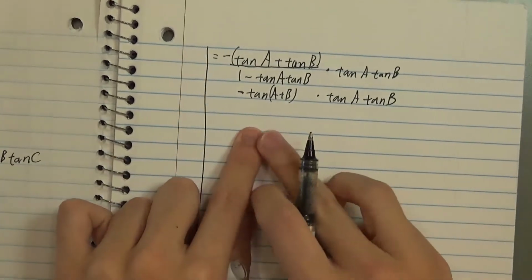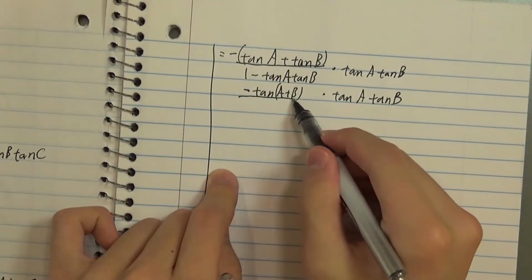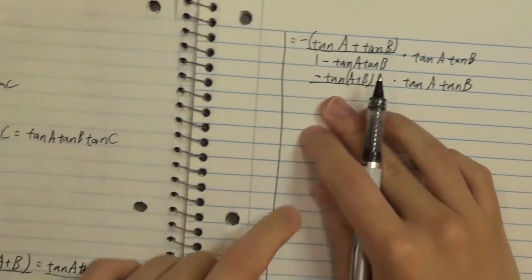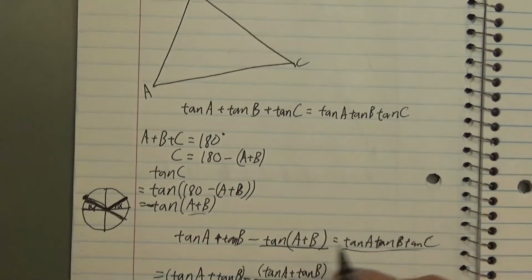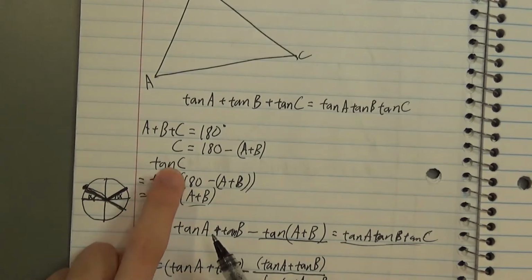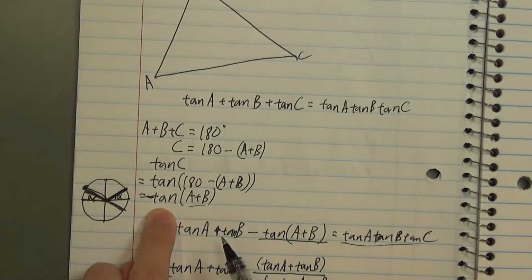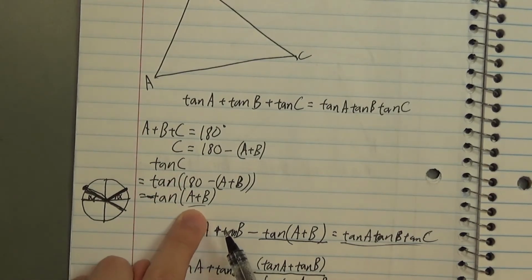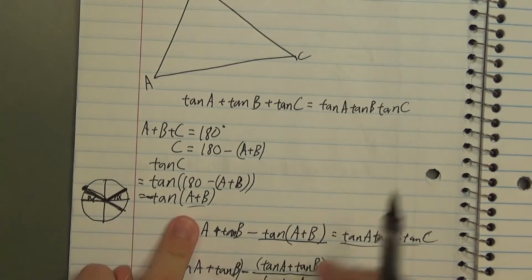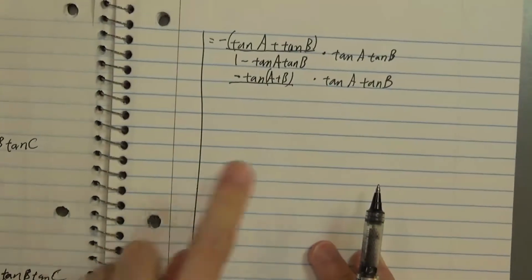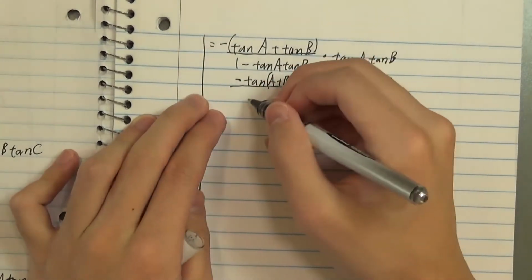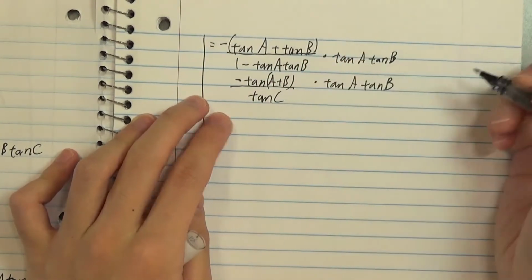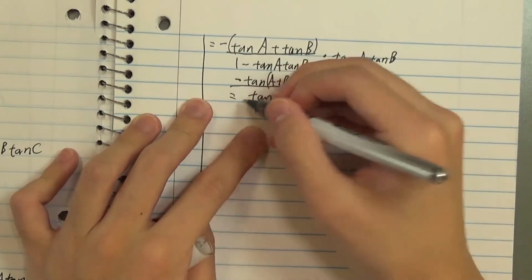Cool. But then, what's this again? This seems familiar. If we recall right here, we said the tangent of C is equal to the negative tangent of A plus B because triangles. Cool. So then we can just rewrite this part as the tangent of C, right?